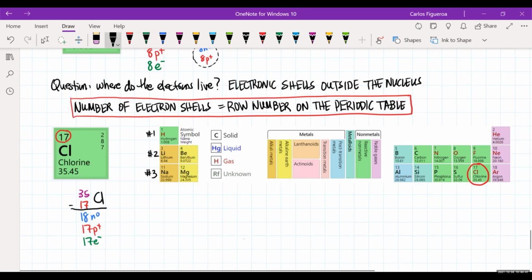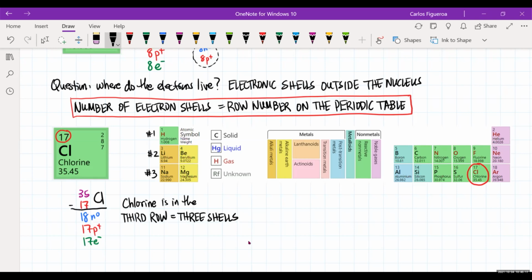But now what we said here is that chlorine is in the third row, which means it has 3 shells.